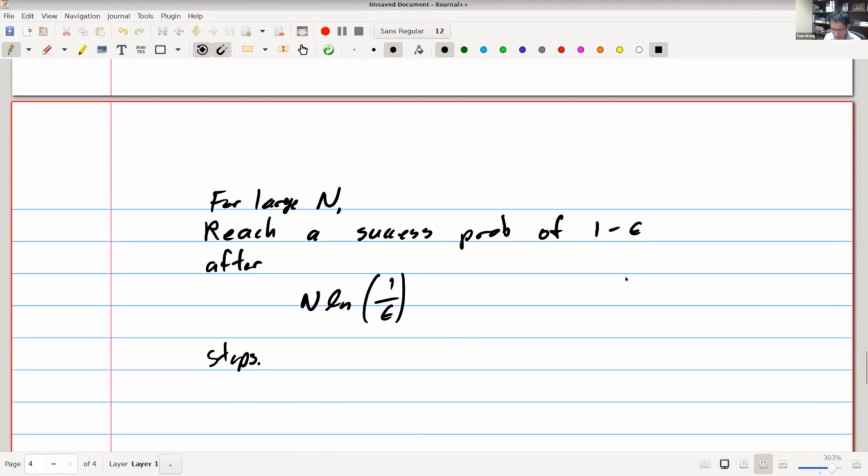Basically, if you let epsilon be some constant, it can be 1%, 0.01 if you want, so that the success probability reaches 99%, which is a constant, then that occurs after order n steps, because the natural log of 1 over 0.01 is a constant. So the overall runtime is order n.